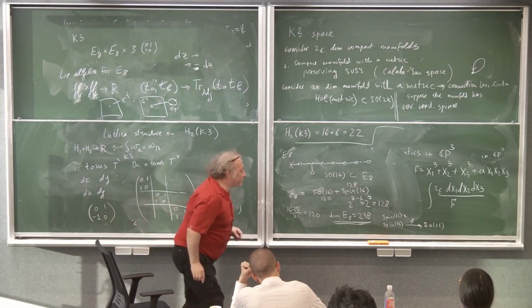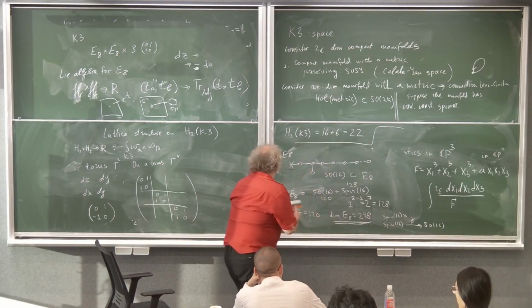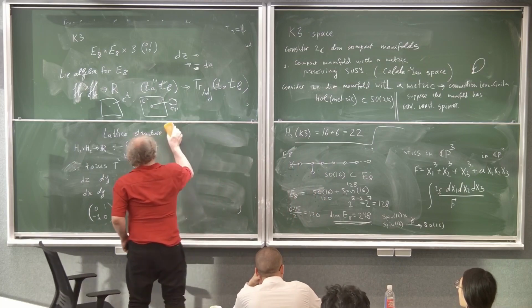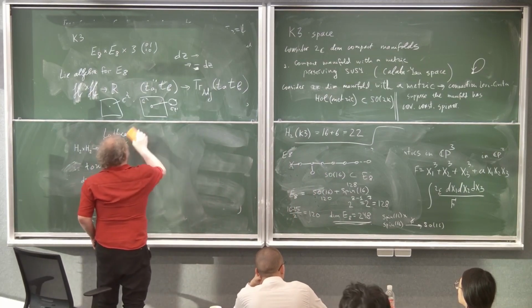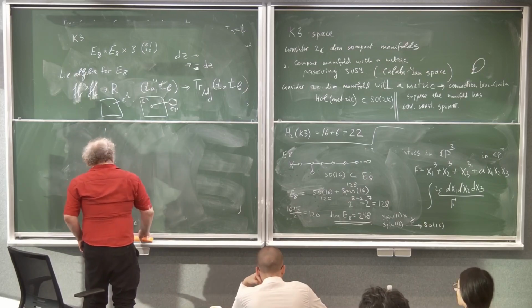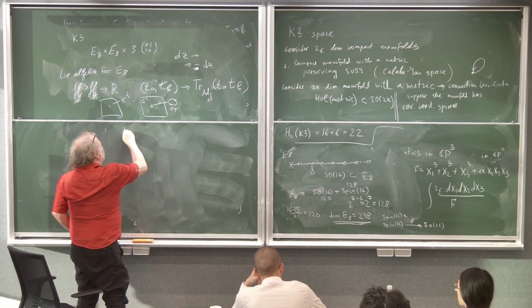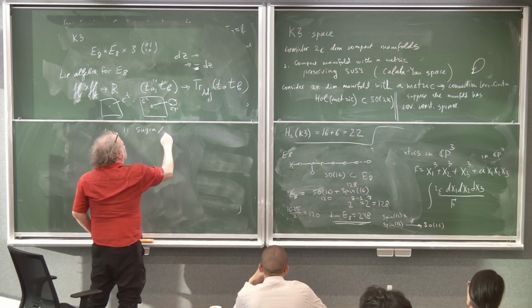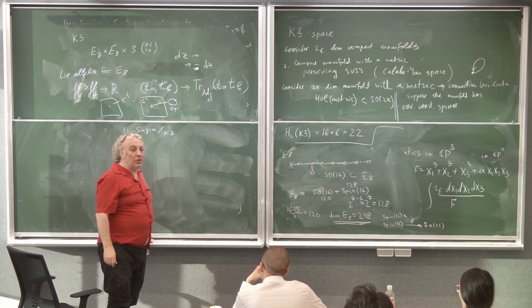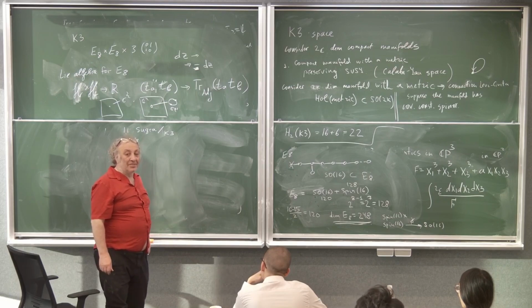Now, let us go back to physics. Namely, let us try to study 11-dimensional supergravity compactified on K3. By the way, if you'd like to read more about K3, there is a book written by Aspinwall, who is a mathematical physicist, called K3.